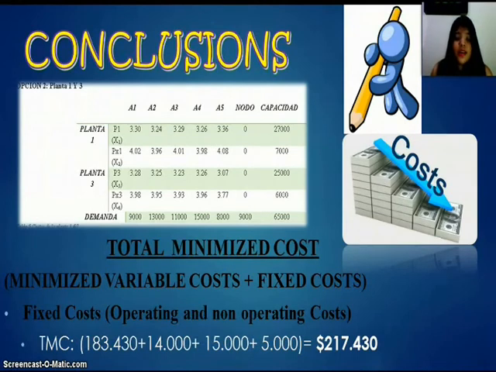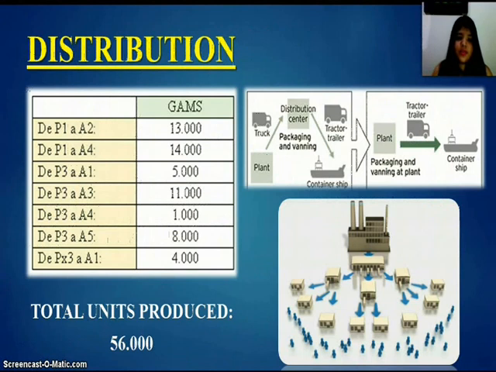That's why the best choice is that both plant 1 and plant 3 operate, closing plant 2, because with this plan the total cost goes down to $270,430. Let's see the next distribution.